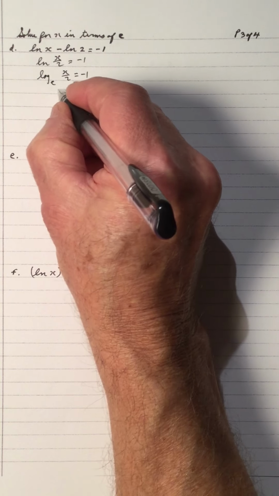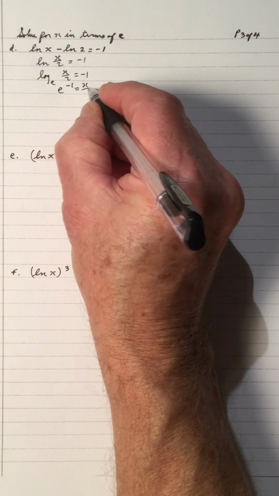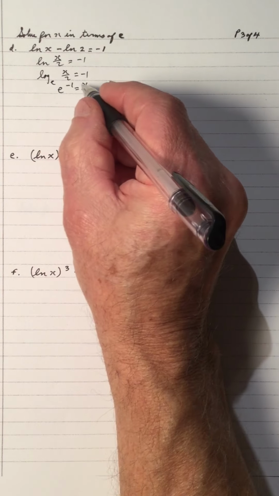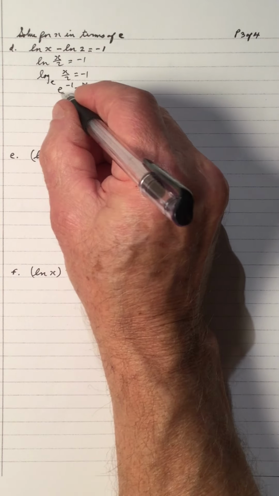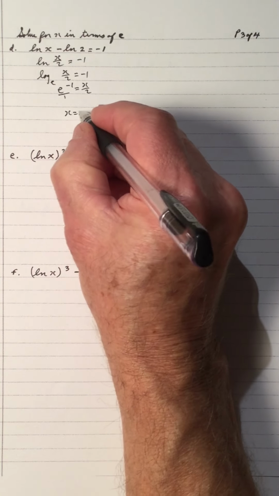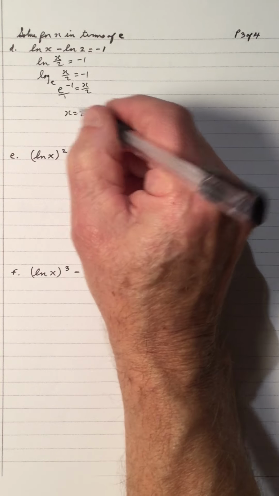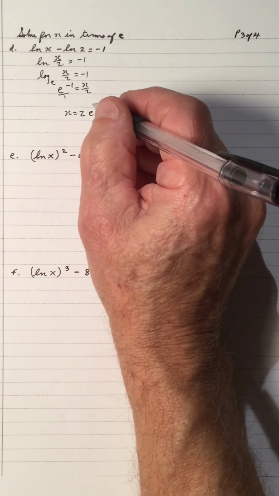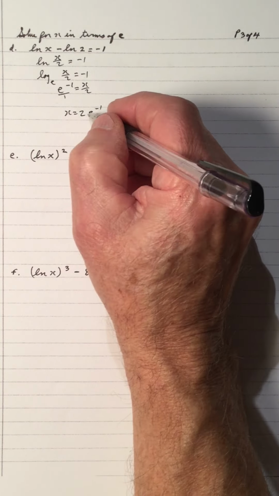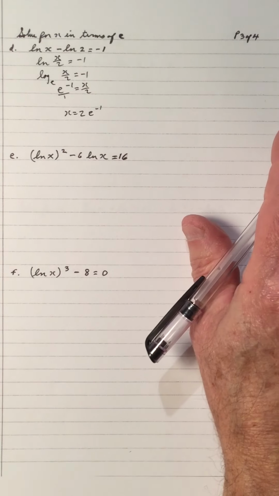Base is e. Exponent is negative 1 equals x over 2. So if you just put it over 1 and cross multiply, 1 times x is x. So that's 2 e to the negative 1 by cross multiplying. And that's the value of x in terms of e that will make this equation true.